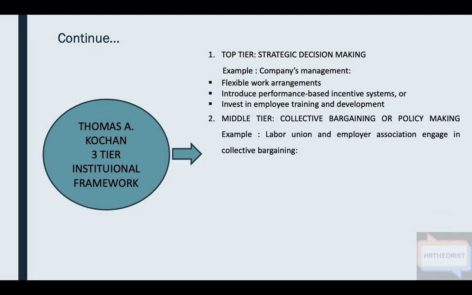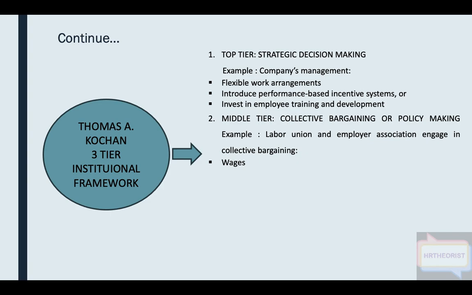The second one, middle tier. Middle tier, that is collective bargaining or policy making, labor and management. So the middle tier focuses on collective bargaining or policy making process between labor and management representatives. This level involves negotiation, establishments of agreements or policies that govern the employment relationship within specific industries or sector.